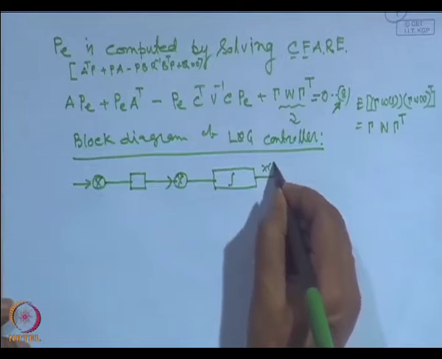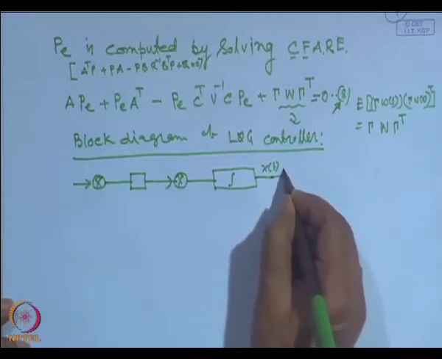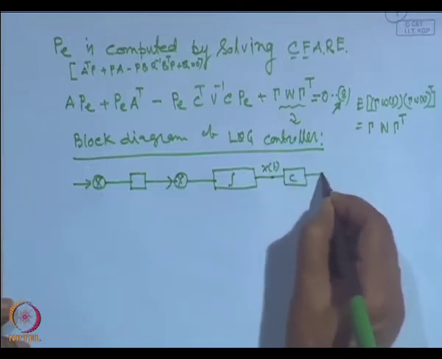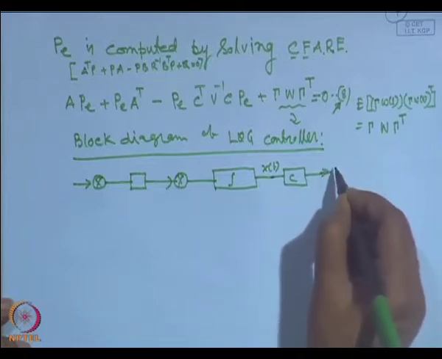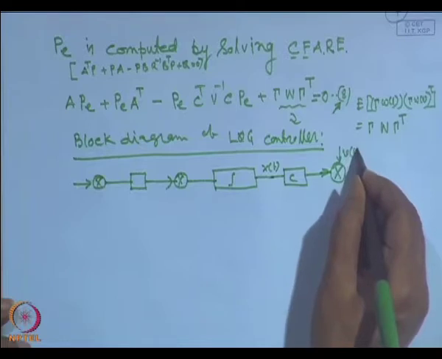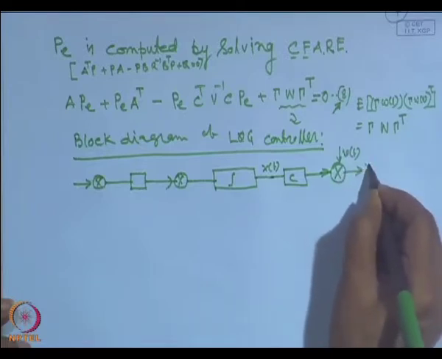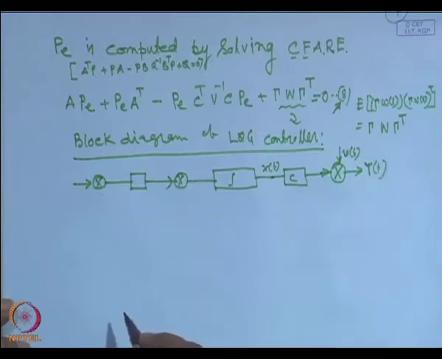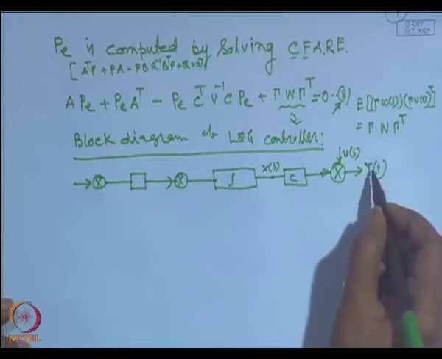This is x of t, then C, and this is our actual output, but it is corrupted with a noise v of k, and then we get y of t, the measured output.